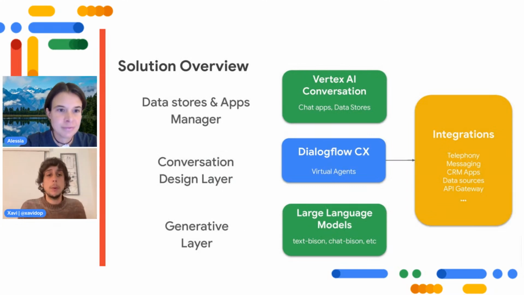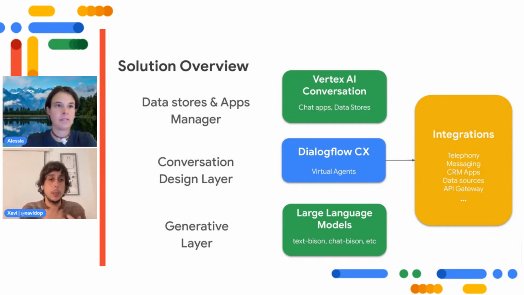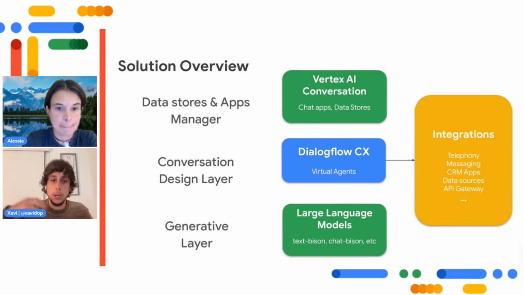So as a solution overview, in the past, what we had is Dialogflow CX right in the middle, the conversation design layer, and integrations, telephony, messaging, all these built-in integrations, one-click deployment. But right now, there are more things, more people playing in this game. In this case, we have Vertex AI Conversation and large language models. In Vertex AI Conversation, the chat apps and data stores are where we are going to create all our data stores.